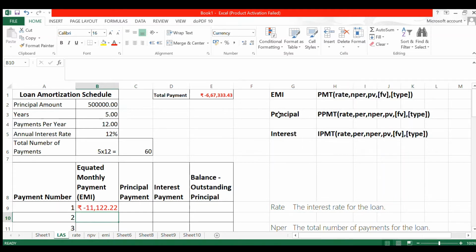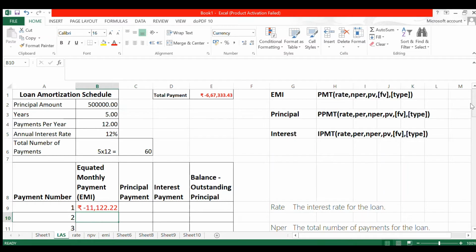For calculating the principal payment, we have another Excel inbuilt function called PPMT, and PPMT takes 6 input values. Out of 6 input values, 4 are mandatory and 2 are optional. Like in the case of the EMI calculation with the PMT function, FV and type are optional here also, and the rate, NPER and PV are the mandatory input values.